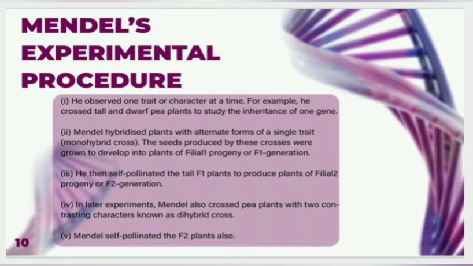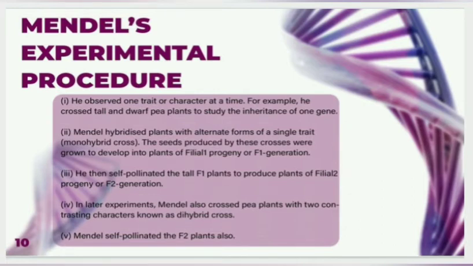Mendel's experiment procedure. First, he observed one trait or character at a time. For example, he crossed tall and dwarf pea plants to study the inheritance of one gene. Second, Mendel hybridized plants with alternate forms of a single trait, a monohybrid cross. The seeds produced by these crosses were grown to develop into plants of filial 1 progeny, or F1 generation.